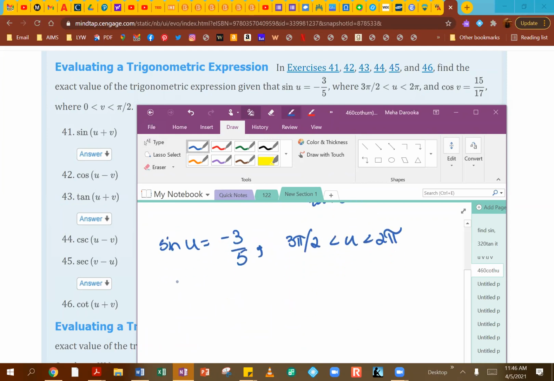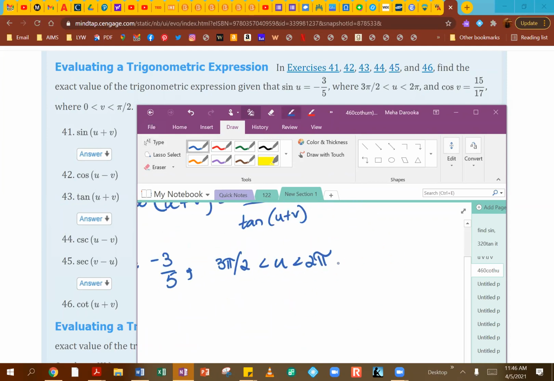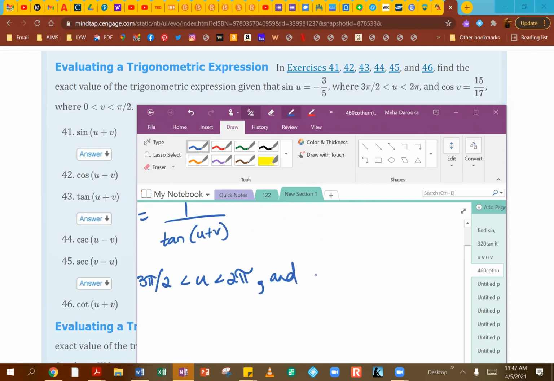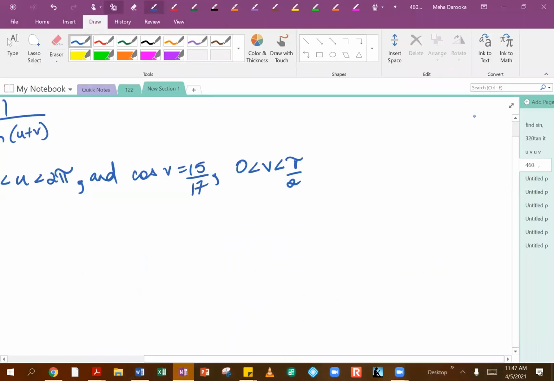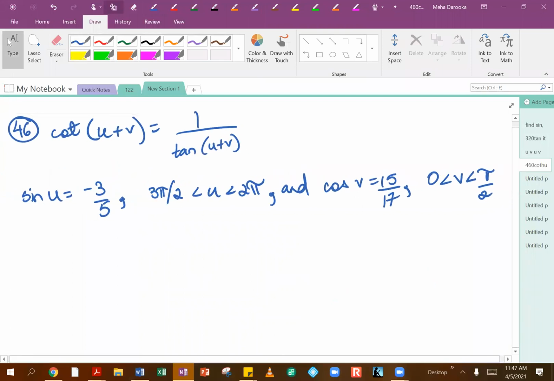And they're telling us cosine of v equals 15 over 17, and of course this angle is in the 1st quadrant, so between 0 and pi/2. All right, so this is the information that we have.